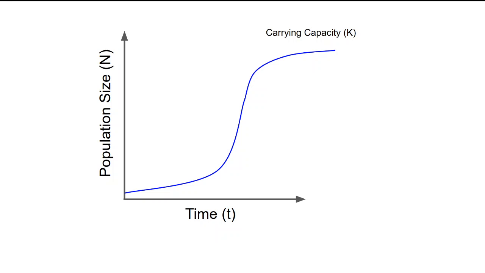For example, maybe we're following a population of small mammals, and those mammals live in a place that has a great year. Plenty of rain, but not too much. The grass grows well, they have plenty to eat, and we have a high population size. We can actually get more individuals into that habitat because there's more for them to eat.